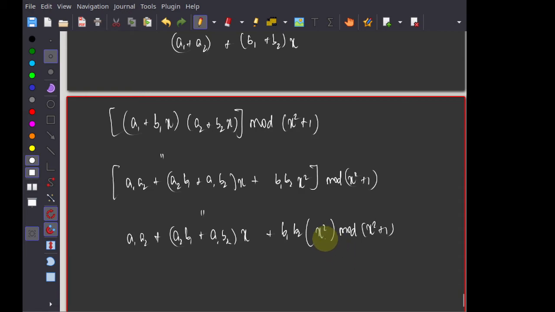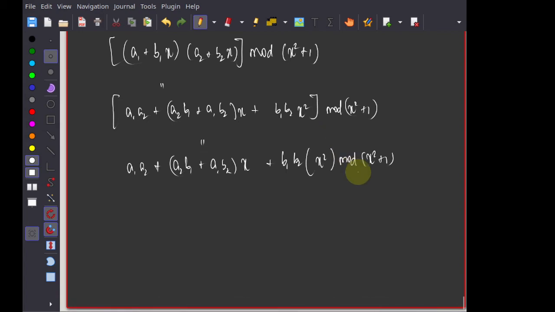So what is the remainder when x square is divided by x square plus 1? It is minus 1. So this is minus b1 b2. Or in other words, x square mod x square plus 1 is minus 1.